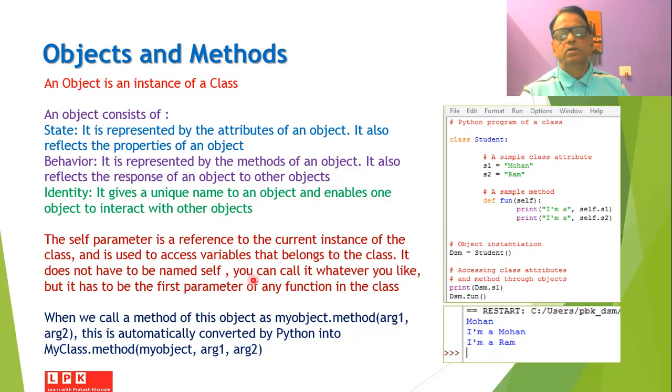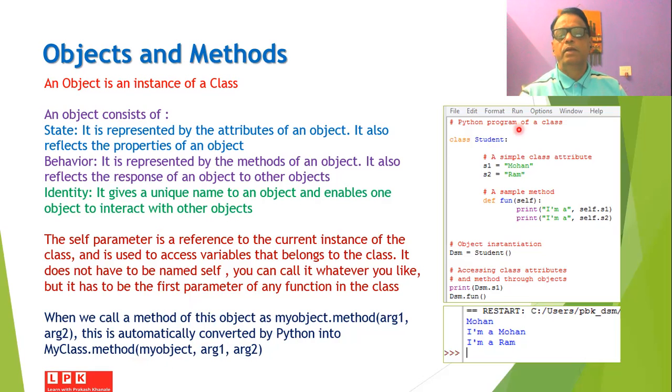You can call it whatever you like, but it has to be the first parameter of any function in the class. So when we call a method of this object as myobject.method(argument1, argument2), this is automatically converted by Python into MyClass.method(myobject, argument1, argument2).